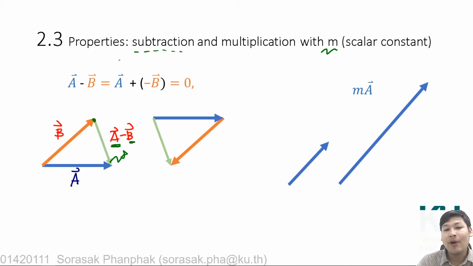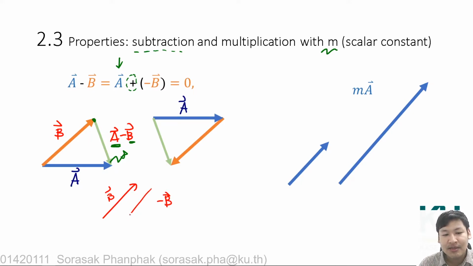If you know about the plus way of the vector, the A is still the same direction, but if you minus B, initially B is pointing to this upward direction, this is B, right? If you multiply with minus 1, you invert the direction, so it points inversely. But the magnitude is still the same.